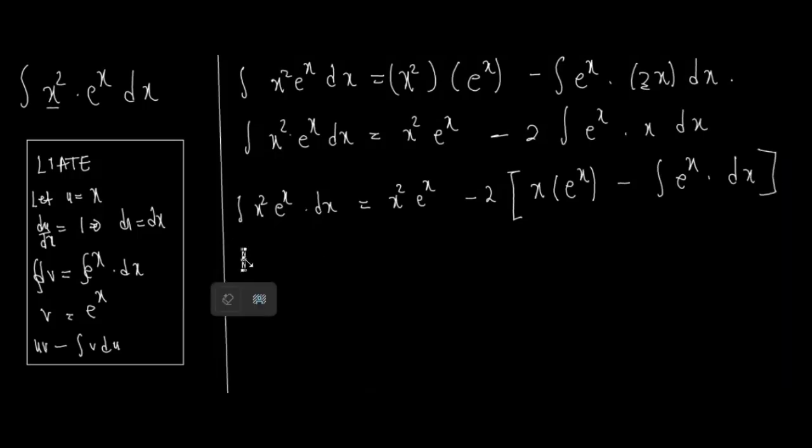So we'll have that the integral of x squared e to the x times dx will be equal to x squared e to the x minus 2 times x e to the x minus the integral of e to the x, which is equal to e to the x.